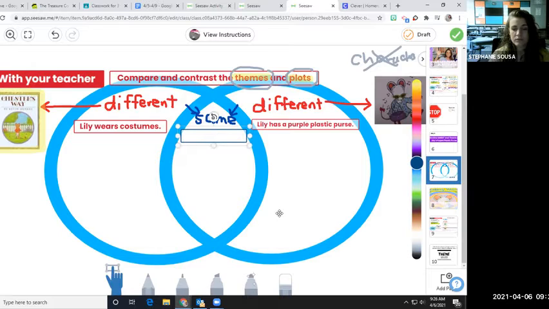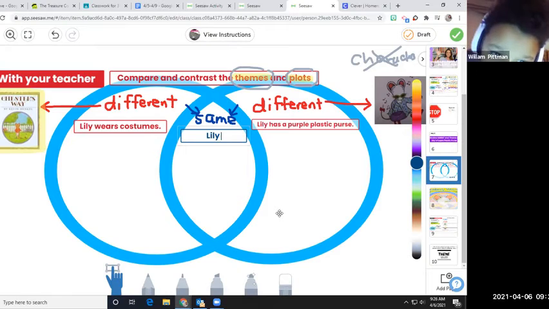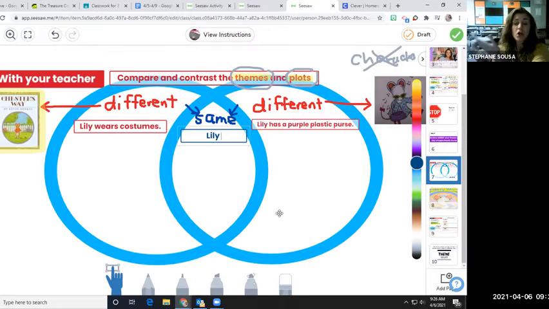She still talks to Chester and Wilson? She does still have the friends. So yeah, they're all still friends. If Lily didn't have friends inside of Chester's Way, there wouldn't be a story. If Lily didn't have friends to show her purse to, there wouldn't be a story.